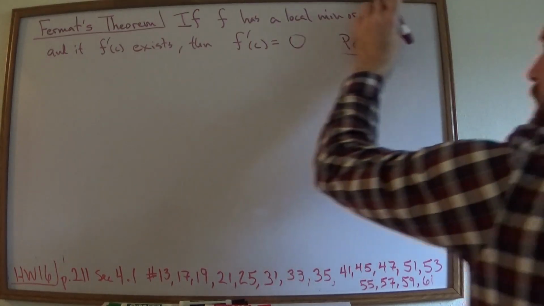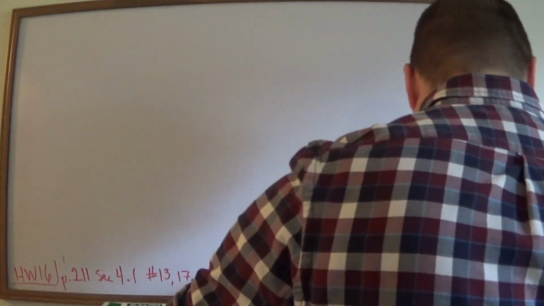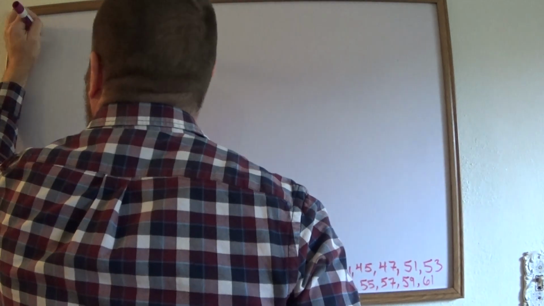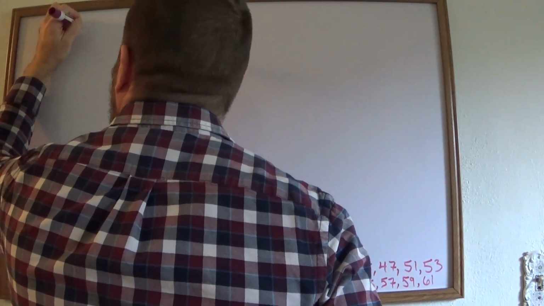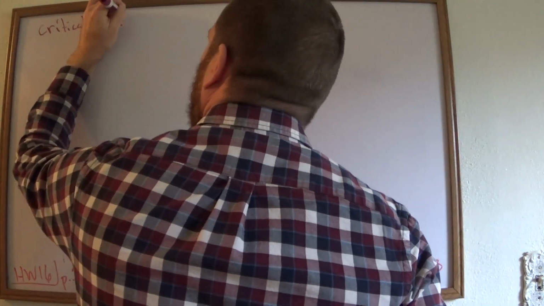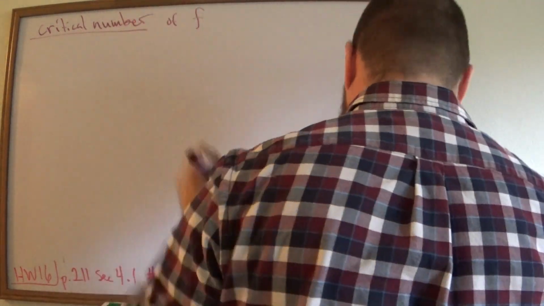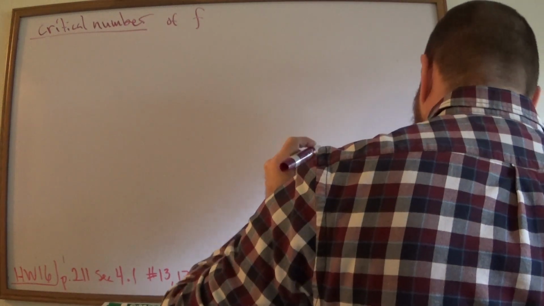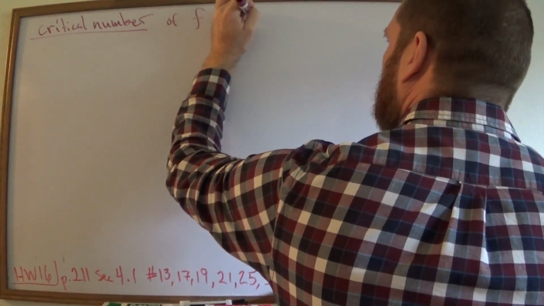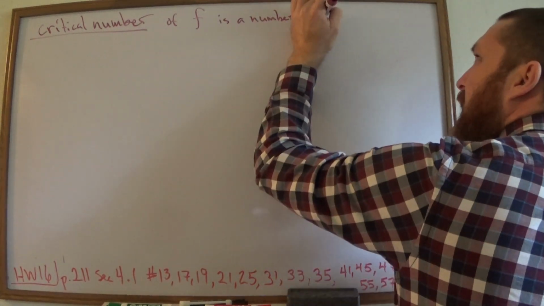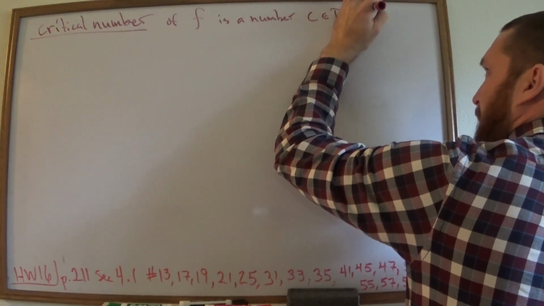All right. Okay. More definitions. Here we go. A critical number of a function f is a number, call it C, and C has to be in the domain of f.